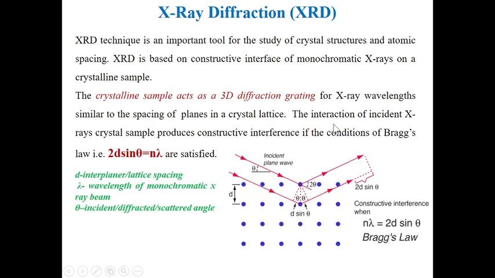When the incident wave is diffracted, if the wavelength is comparable to the spacing of the lattice, the incident X-ray on the crystal sample produces constructive interference if Bragg's law is satisfied. So the X-ray wavelength is similar to the spacing of the planes of the crystal. If the X-ray is equivalent or nearer to the spacing between two planes, then diffraction is possible.